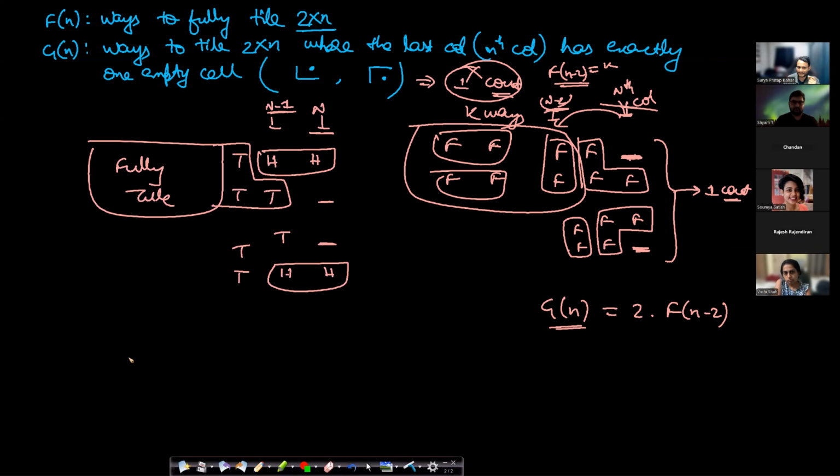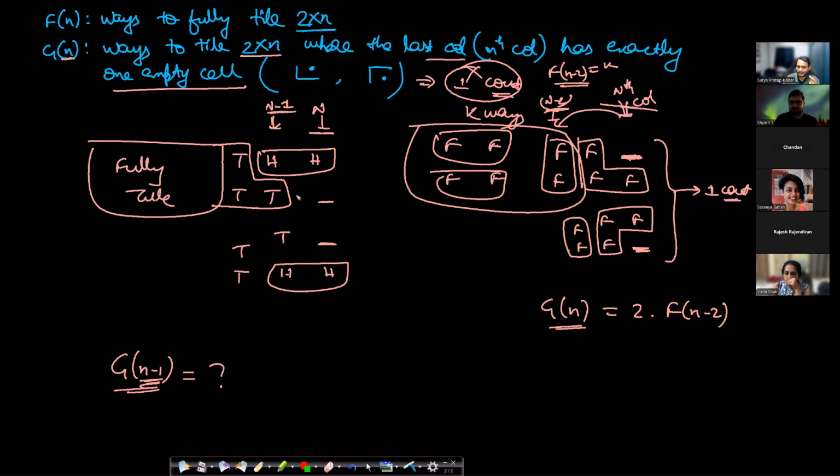But what is g of n minus 1? If I count g of n minus 1, what is that? G of n minus 1 says the total number of ways in which I can have the n minus 1th column having an empty cell. That is the definition, right? Ways to tile to n where the last column, which is the nth column here, and here the n minus 1th column, has exactly one empty cell.